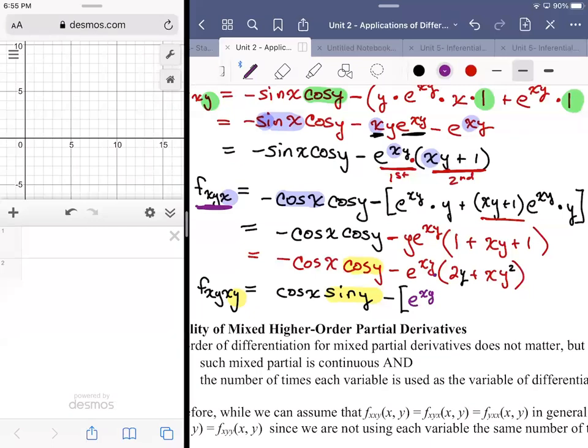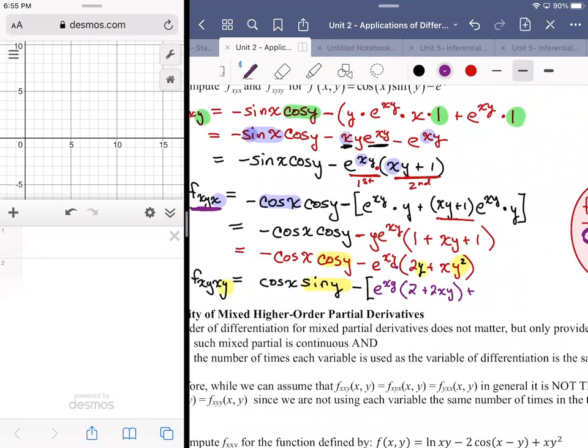So first times the derivative of the second. So now with respect to y, 2y becomes a 2. Xy squared, I only care about the derivative of the y squared, which is 2y. So plus 2xy plus my second function times the derivative of the first. So 2y plus xy squared.